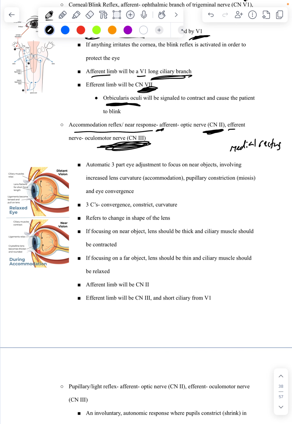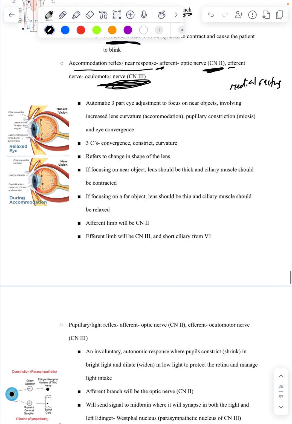If something is far away and now it gets closer to you, you do 3 things. You converge. So eyes move towards each other. If both eyes are moving towards each other, they're both moving medially.